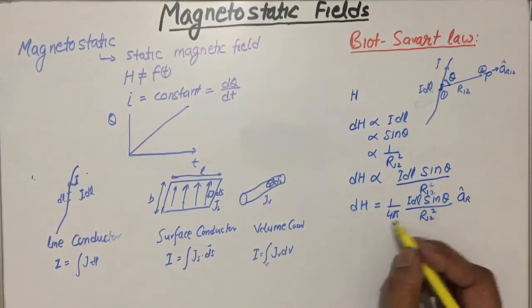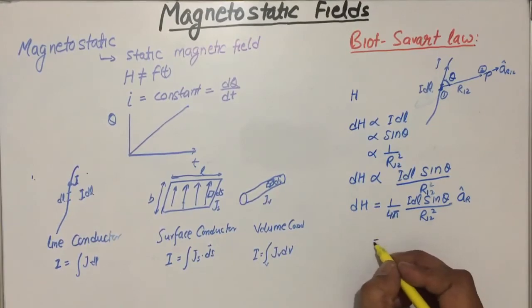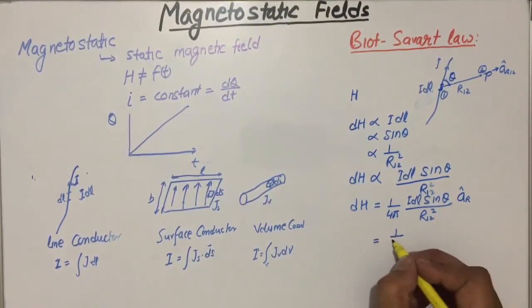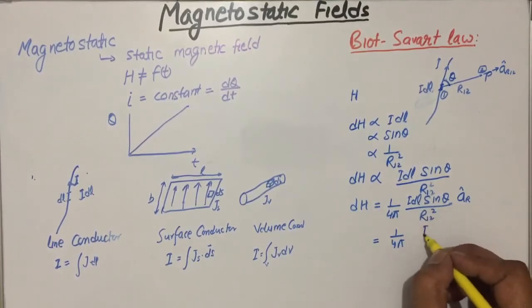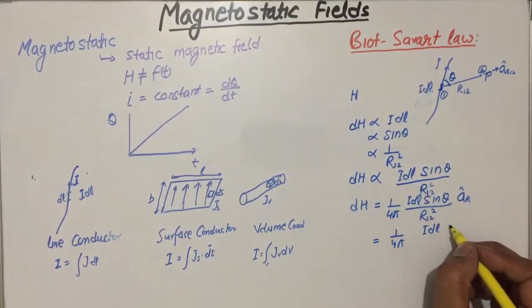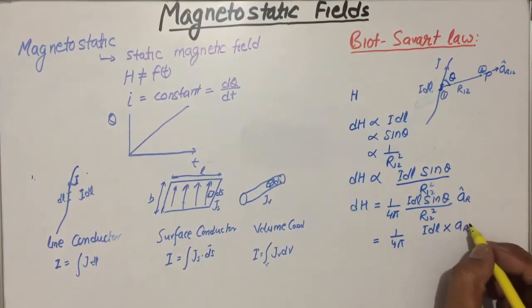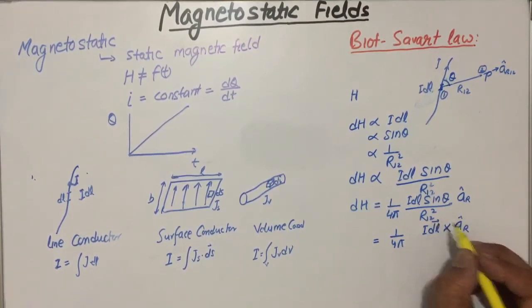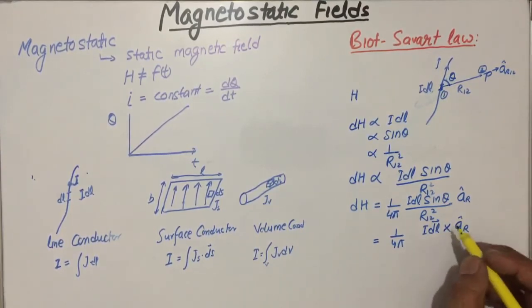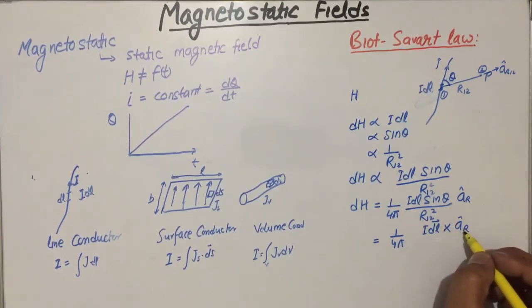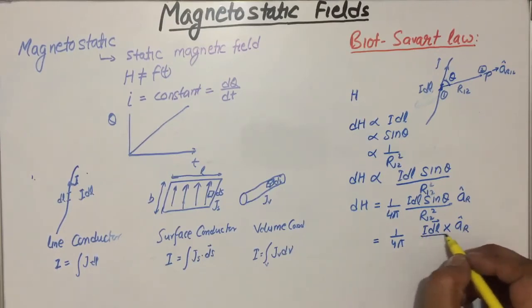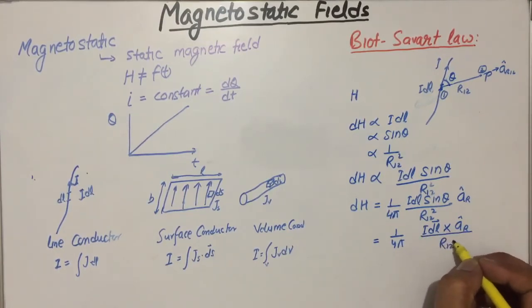What we can write further in simplification is 1 by 4 pi IDL cross AR. Yes, it will further give you IDL, AR magnitude will be 1, and the angle between these two, sine of that, and in the denominator it will remain as it is.